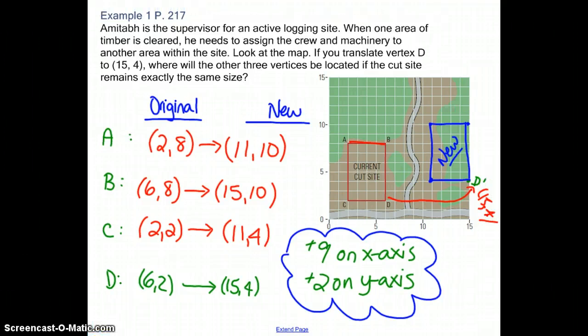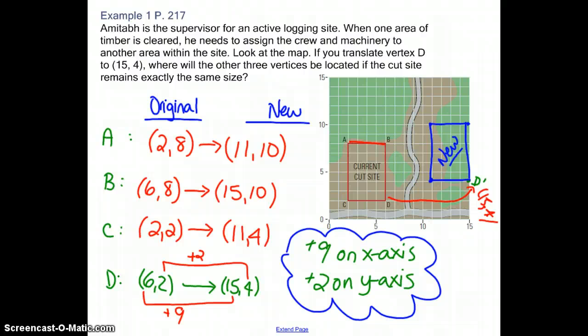So let's start by looking at point D. When we moved it from 6 and 2 to 15 and 4, our x-axis changed by positive 9, and our y-axis changed by positive 2. So if we just add those numbers onto the x and y coordinate of each of the other vertices, we'll get our new vertices.